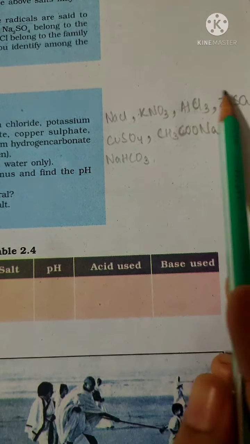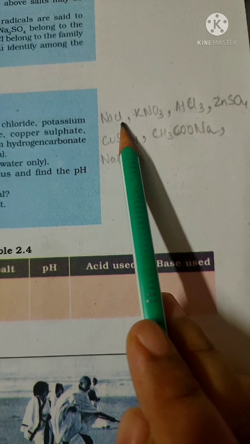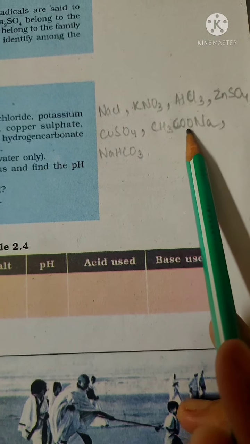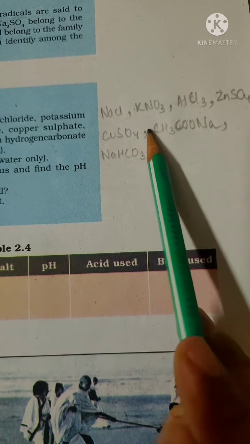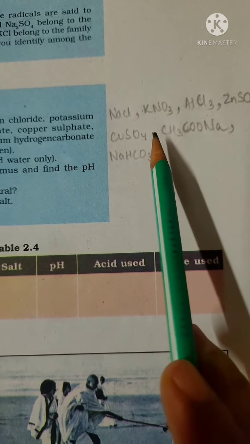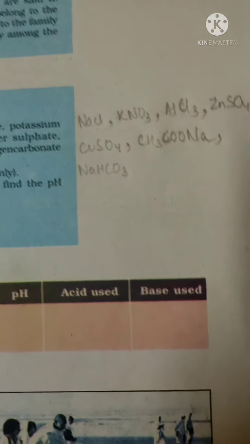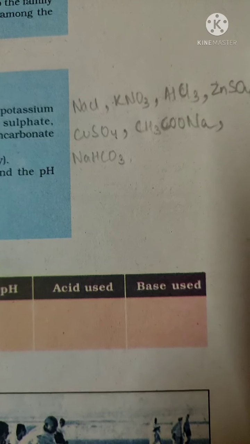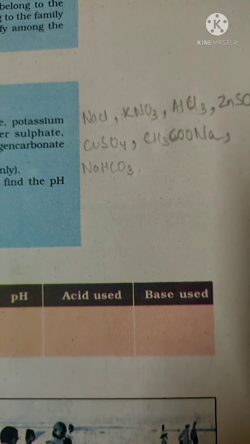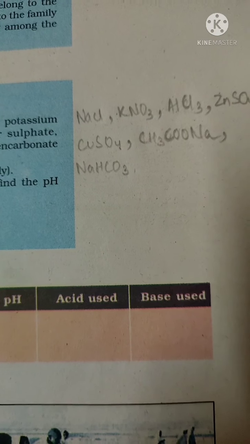Out of these, all are made up of inorganic acid and inorganic base, but CH3COONa is made up of organic acid and organic base. So whenever you come across any salt which is made up of inorganic acid or inorganic base, they are highly soluble in water.